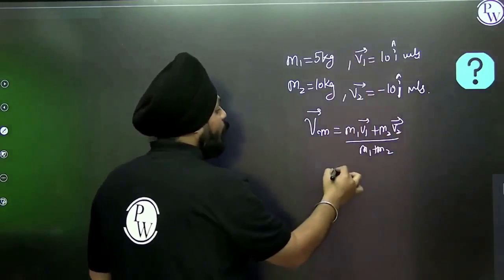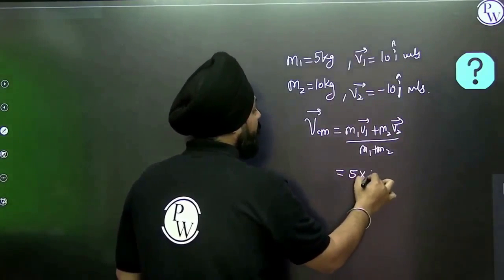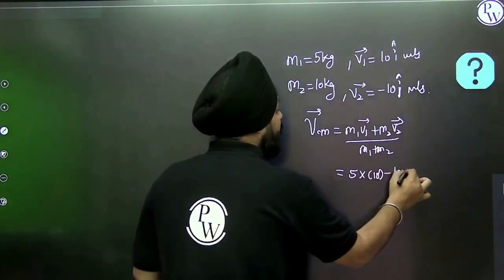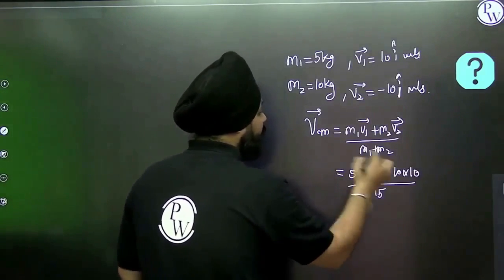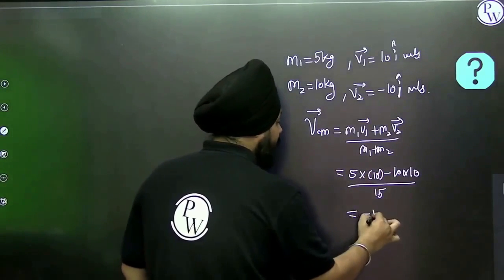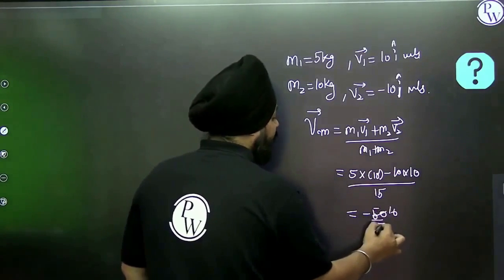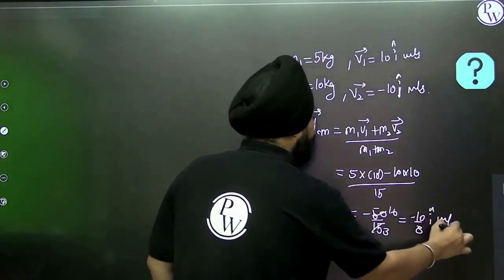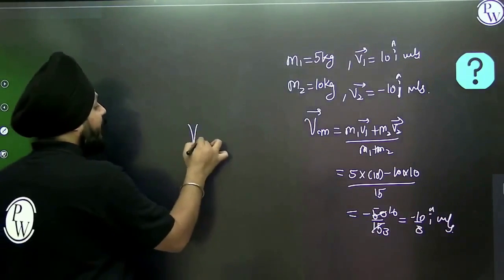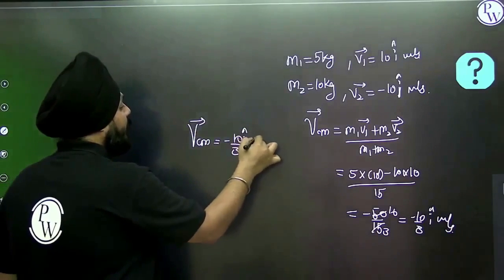You have to consider the sign conventions. So it is 5 into 10 minus 10 into 10, whole divided by 15. So this will be 50 minus 100, minus 50 by 15, so it's minus 10 by 3 i meter per second. What is the velocity of the center of mass? It's minus 10 by 3 i meter per second.